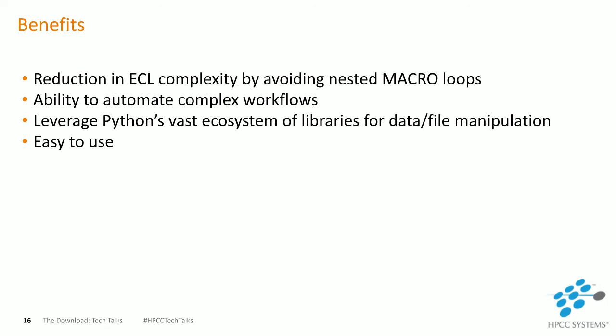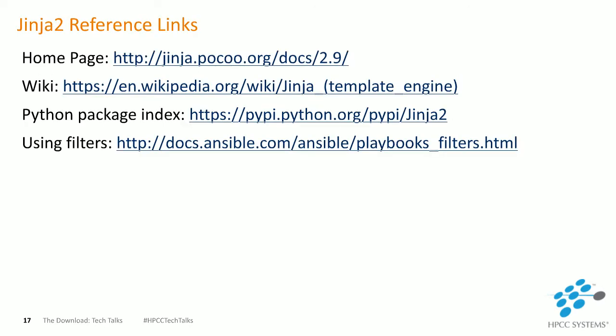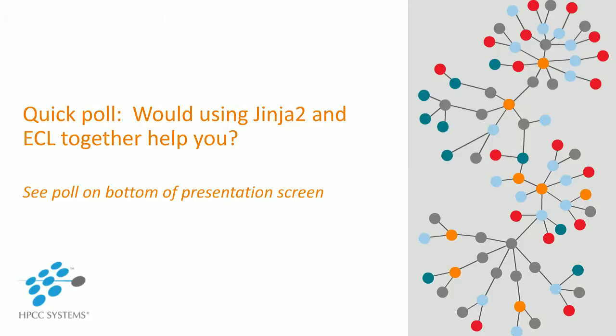At the same time, since it's Python based, we can also leverage Python's vast ecosystem of libraries. And that's it. I hope you liked this presentation and you find Jinja useful.